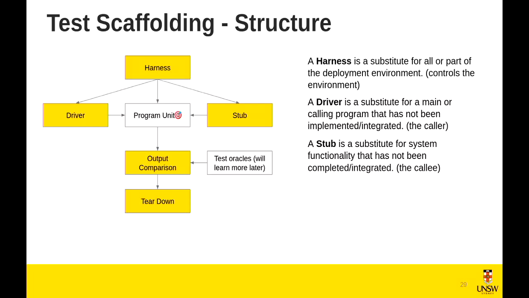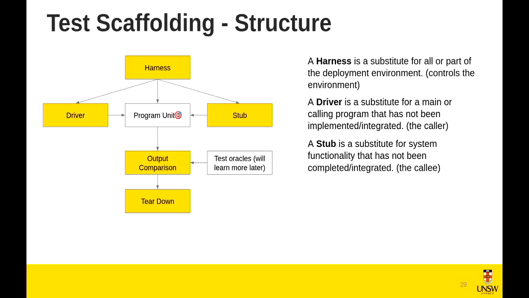A driver is a substitute or mock-up of the calling program, or the caller of the target program unit we want to test. And the stub is a substitute of the system functionality that is unimplemented.